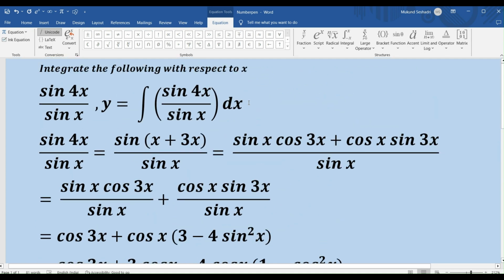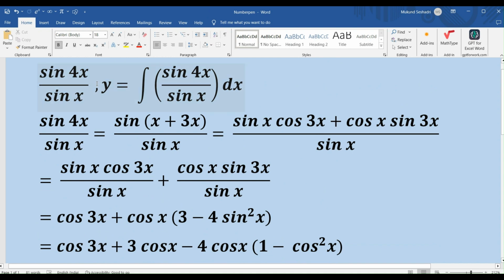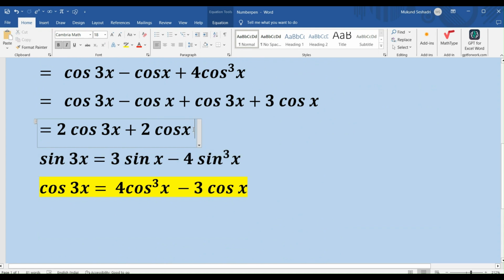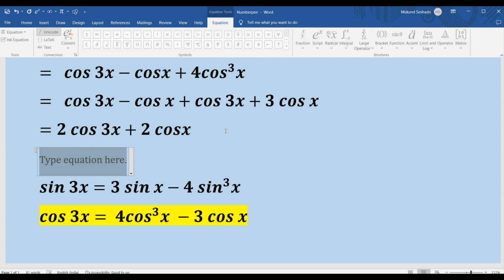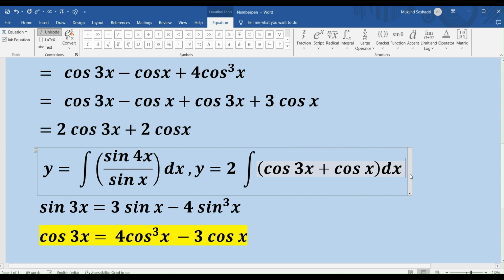Now I go back to my y. I know that my y, which is integral of sine 4x by sine x dx, can be rewritten as something like this: 2 times integral of cos 3x plus cos x dx, right?